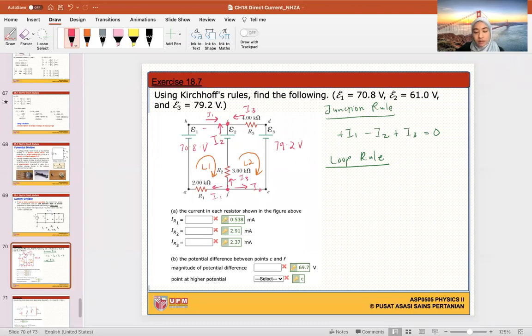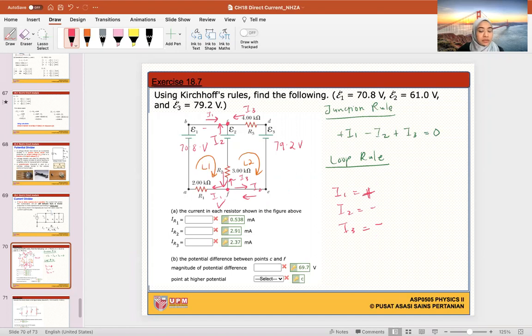Nanti when I get my answers, if my I2 is negative and my I3 is negative, positive meaning my I1 direction is correct. I2 negative meaning it's supposed to be this way. My I3 is negative, okay, maksudnya I3 sepatutnya macam ni. Terbalik daripada direction yang saya letak in the beginning.